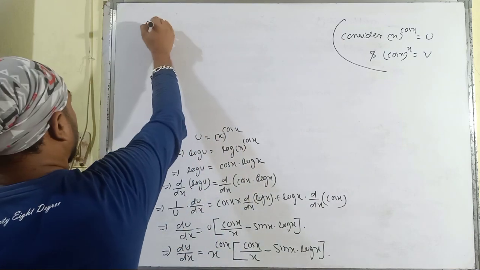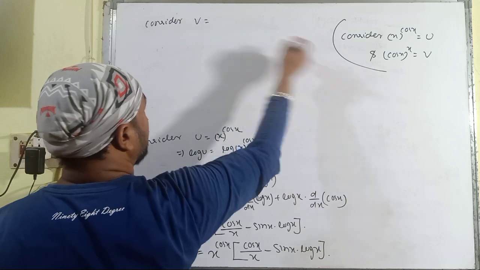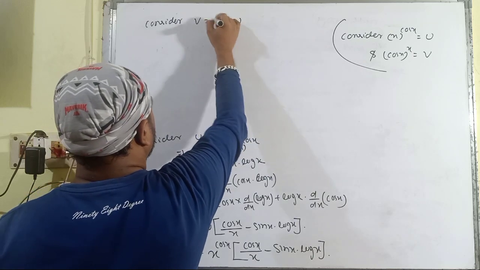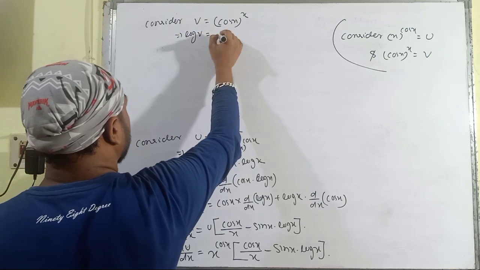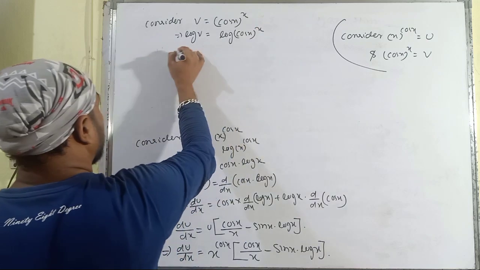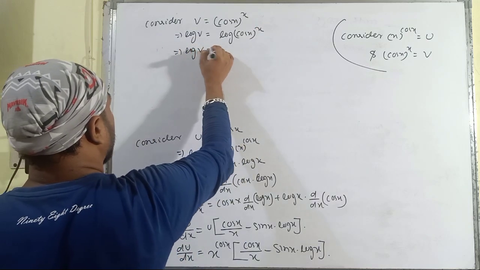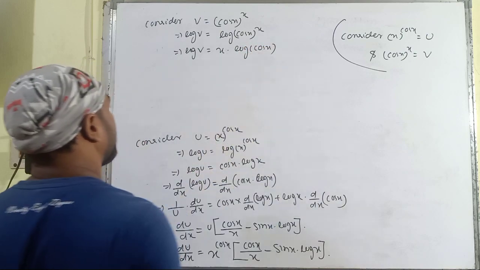Then consider v is equal to cos x to the power x, then taking logarithm of both sides, log v is equal to log cos x to the power x, that implies log v is equal to x multiplied with log cos x.